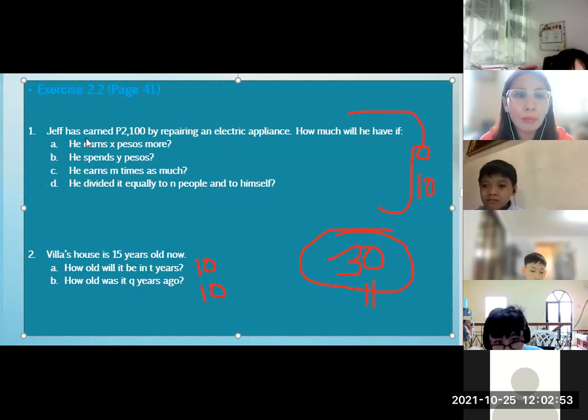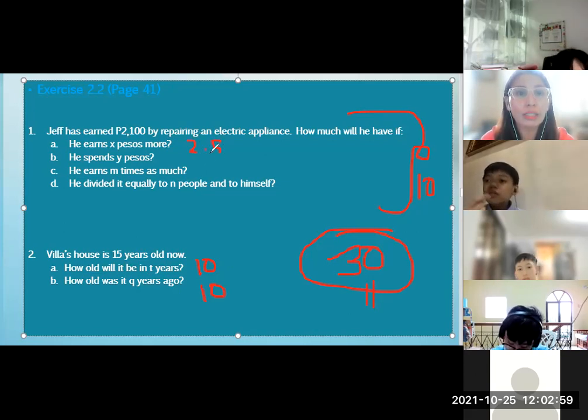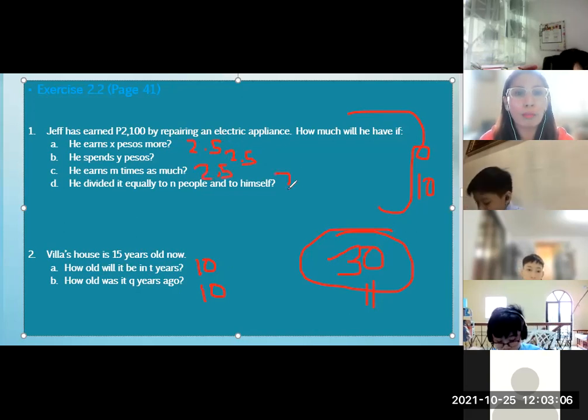So for number 1, 2.5 each. 2.5, 2.5, and then 2.5.